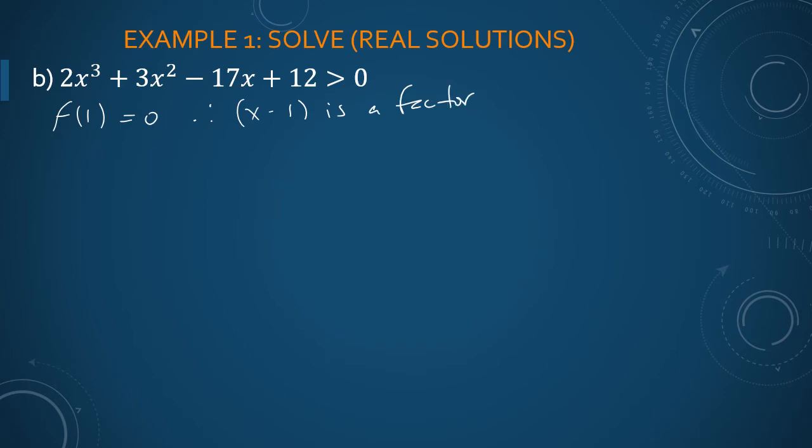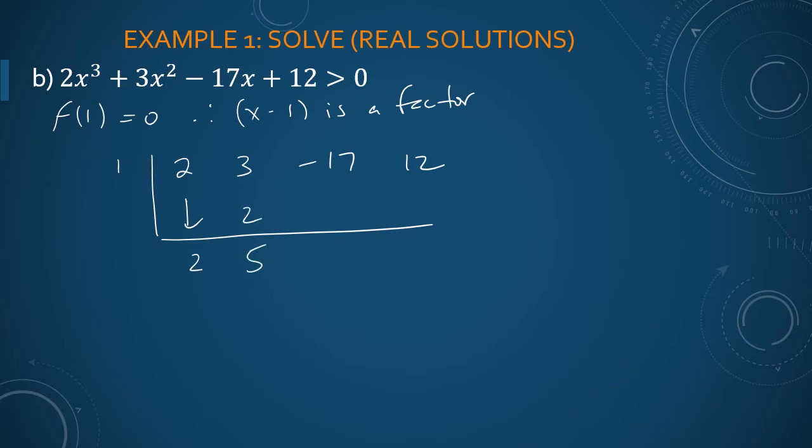Once you're there, synthetic division: write your coefficients, 2, 3, -17, and 12. Bring that down. 2, 1 times 2 is 2. We're forever adding: add, multiply, add, multiply. You know you did it right because you got a 0 remainder.